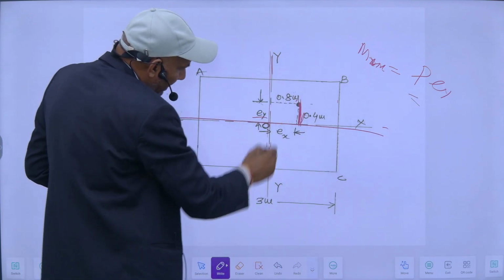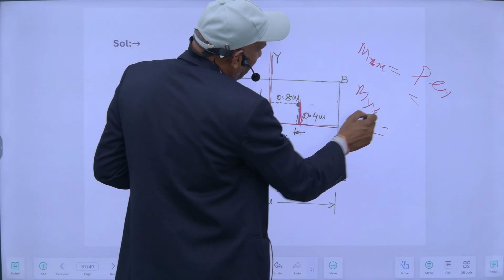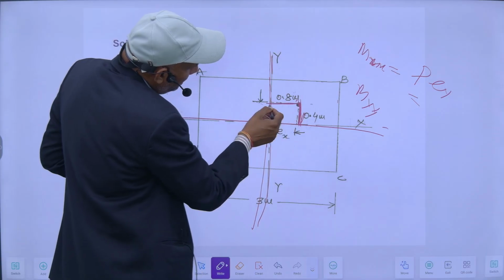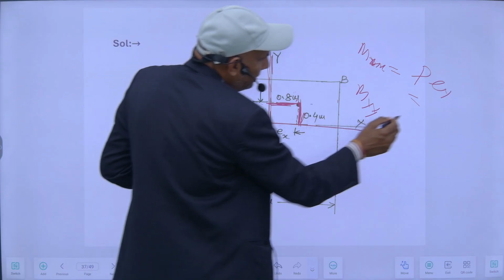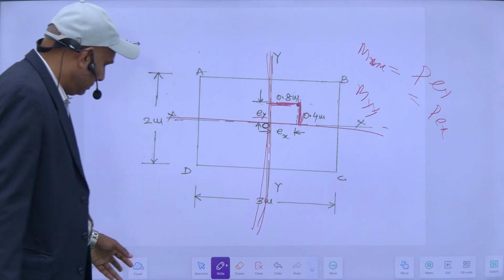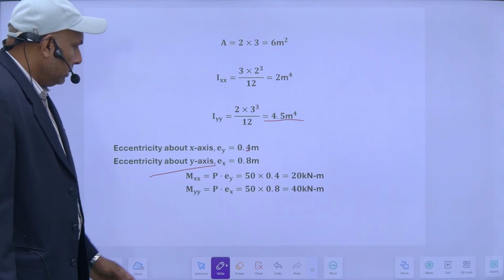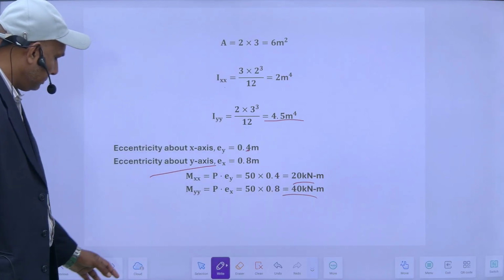And about this y-axis, my bending moment will be this load into the perpendicular distance from the y-axis. It will be P into EX.